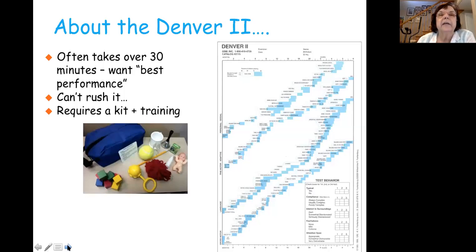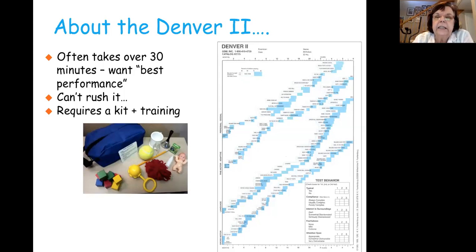So here's the Denver. I don't know if any of you have had any experience with it, but I remember back in the old days in my pediatric nursing, we all learned how to administer it. It's fallen out of favor for quick developmental screening because of the parent report questionnaires that have really good sensitivity and specificity.